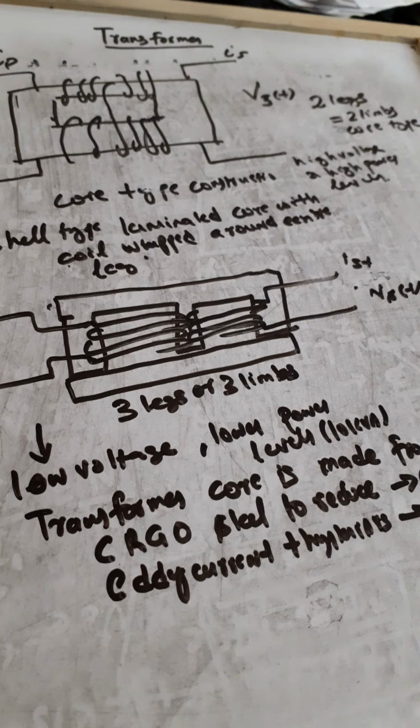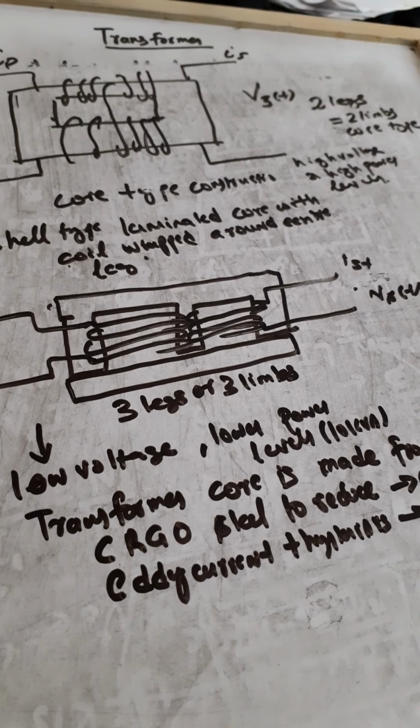To reduce this eddy current, we reduce the area in which it flows. The moment we reduce the area in which it flows, your eddy current losses automatically get reduced. That is why the transformer core is laminated.